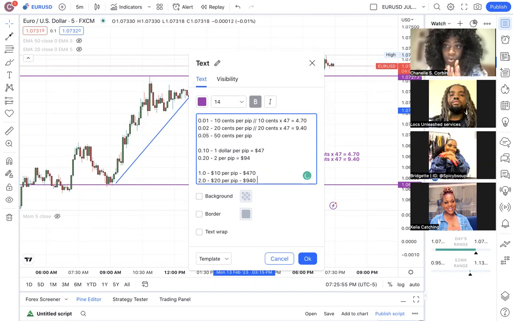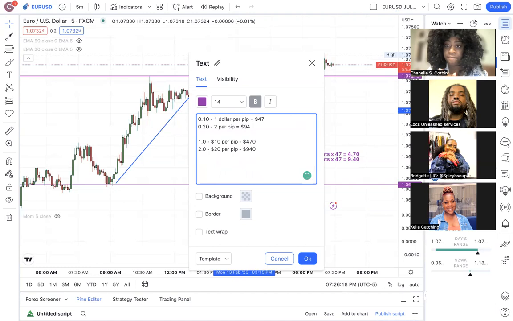It's all based on understanding how many pips you are forecasting that the market will move and how much you have to risk, right? Based on what you have in your account, how much can you actually risk in this trade to be able to make more money? So what we need to understand here is that it's really not about chasing the trade. It's about getting your pips up.